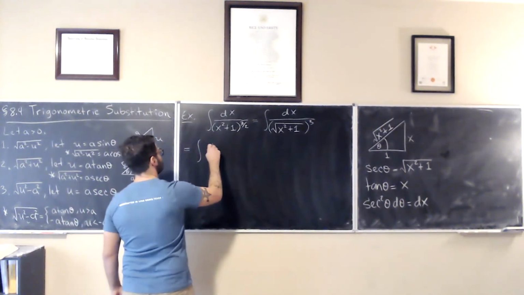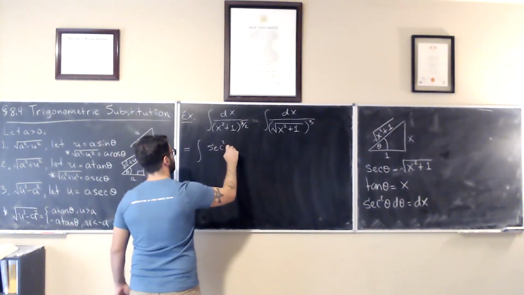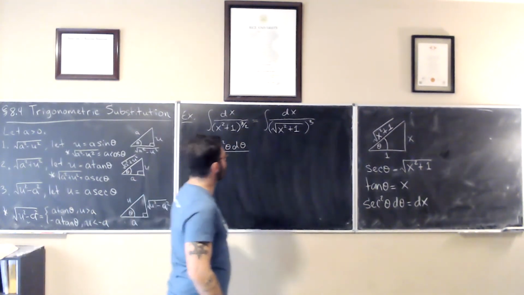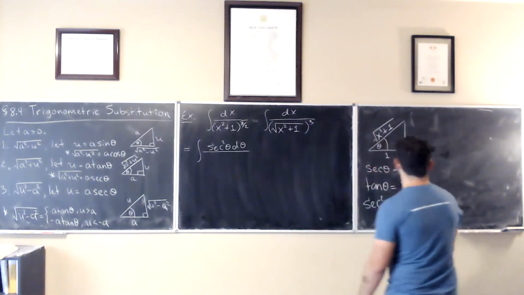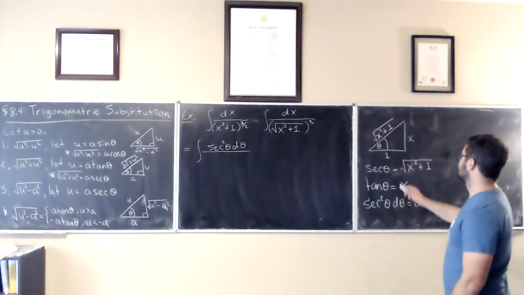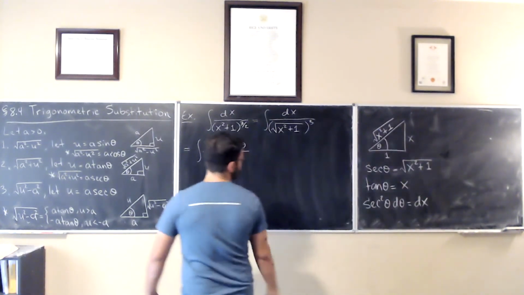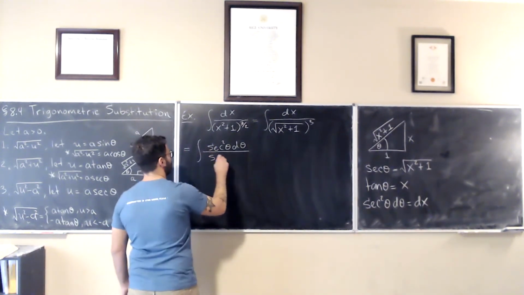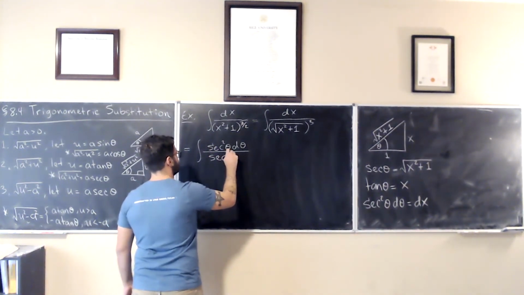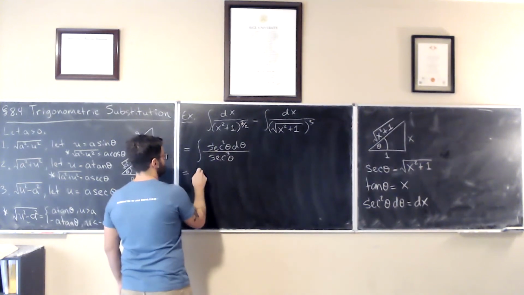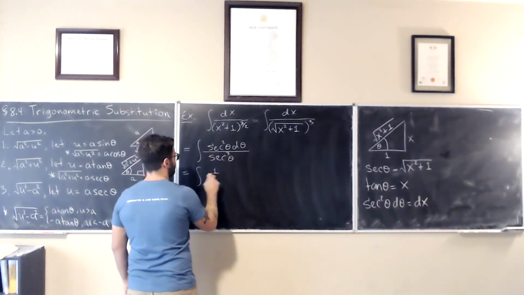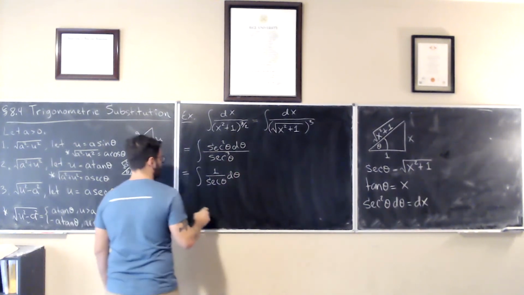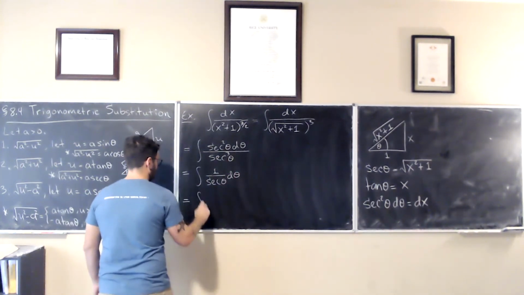Secant squared theta d theta all over secant cubed, right? The radical is secant, so cubed. So this is going to be 1 over secant theta d theta, but that's just cosine, right?